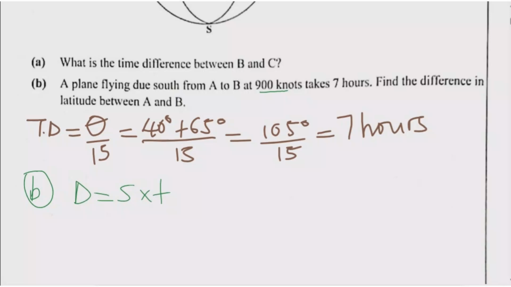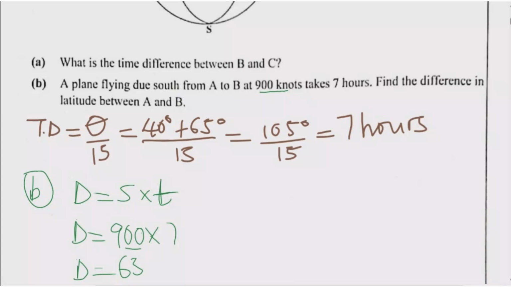So what is the distance? Speed we are told is 900 knots, times 7 hours. Remember, T is for time, 7 hours. When we multiply 9 times 7, let's ignore the zeros first. 7 times 9 gives 63.